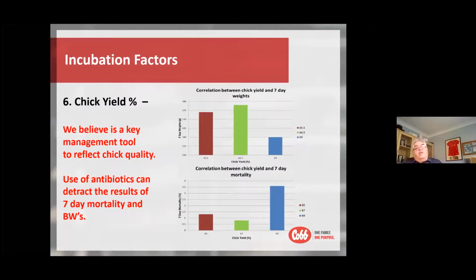One of the main things that I'd like you to take home from this presentation is what we saw. The biggest impact was a correlation between chick yield and its impact on mortality, especially because these trials were taken after 2010 in Europe, with antibiotic removal, when you saw an increase in 7-day mortalities in parent stock, and also in broilers as well.